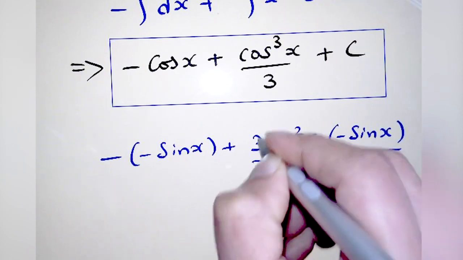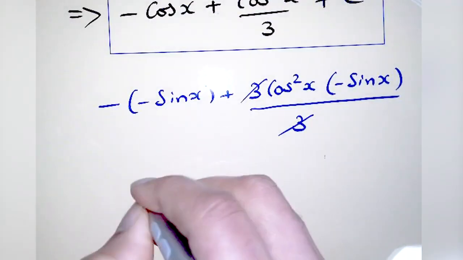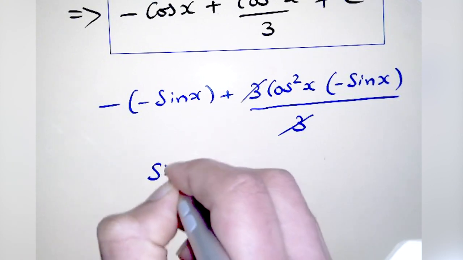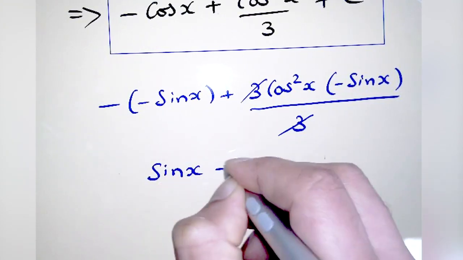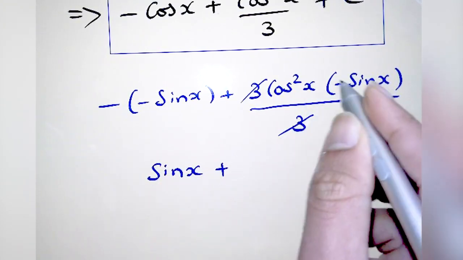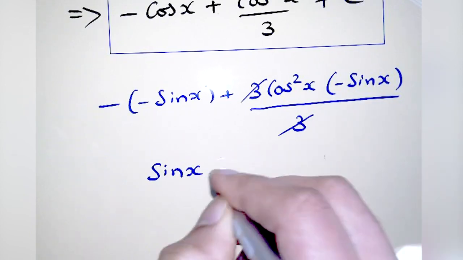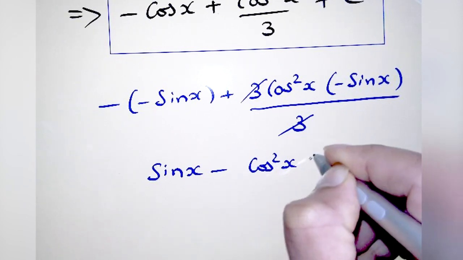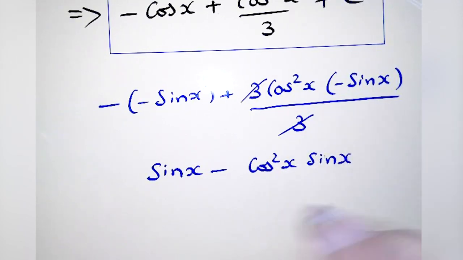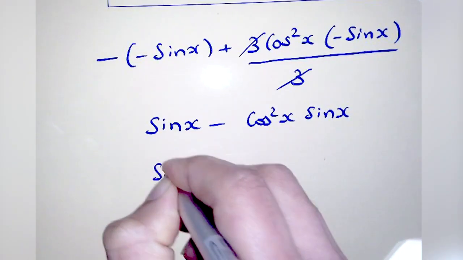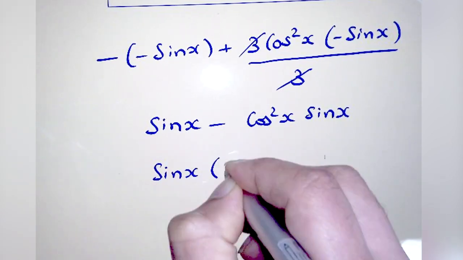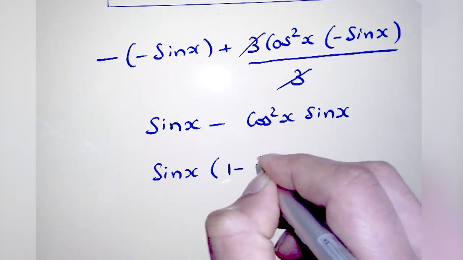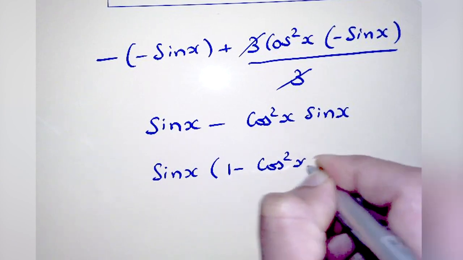So 3 and 3 would get cancelled. Negative times negative is plus sine x, and the sign in between is minus, so minus cos square x into sine x. I can take sine x common: sine x times 1 minus cos square x.